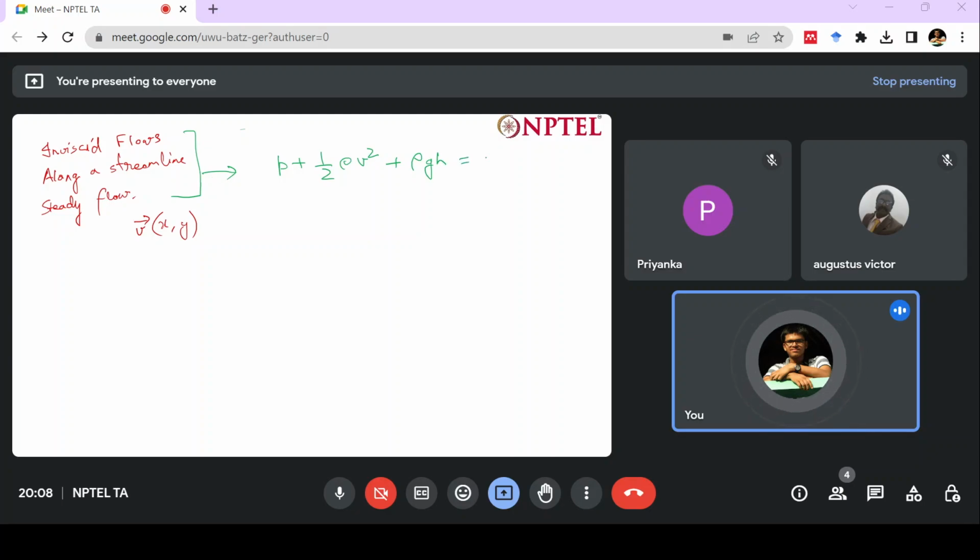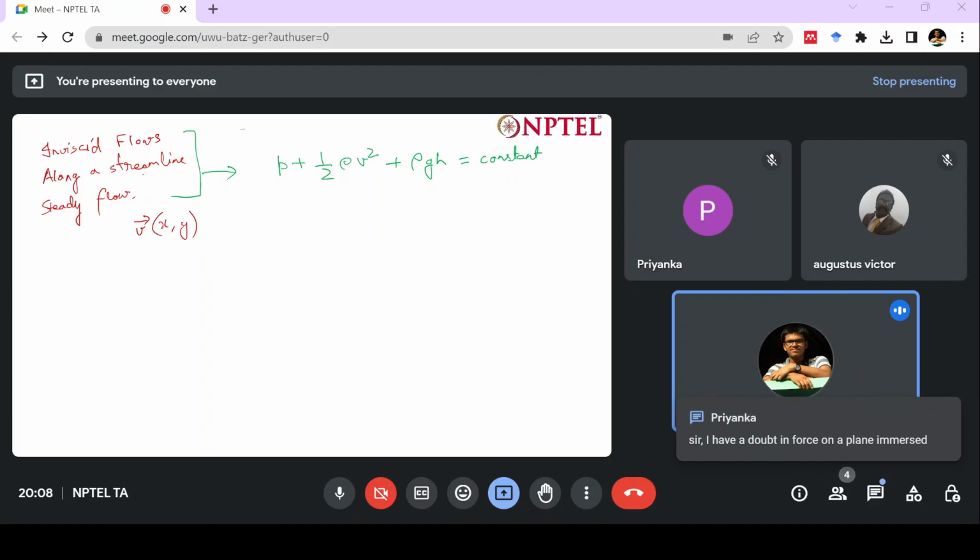This is constant for all points along a streamline.